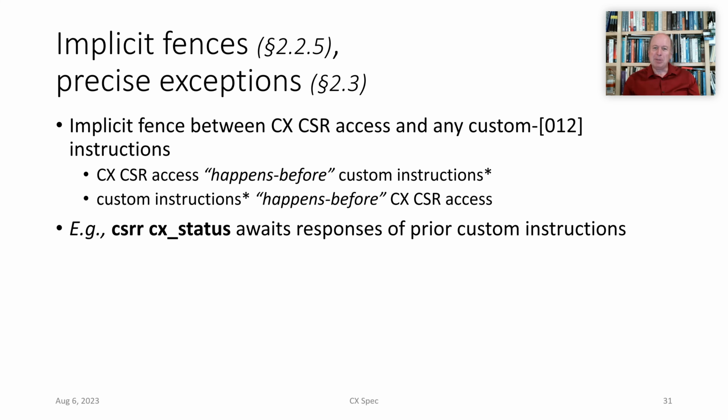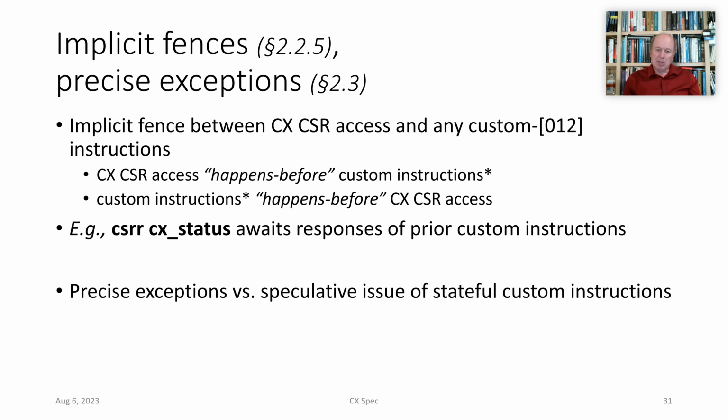The spec promises an implicit fence between CX CSR accesses and any subsequent custom instructions, and vice versa. So for example, a CSR read of CX status must await CXU responses from any prior custom instructions. Similarly, there's an interaction between precise instruction exceptions and speculative issue of stateful custom instructions. Please see the notes in the spec.